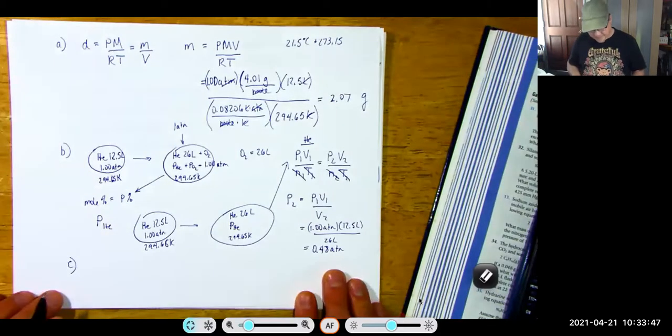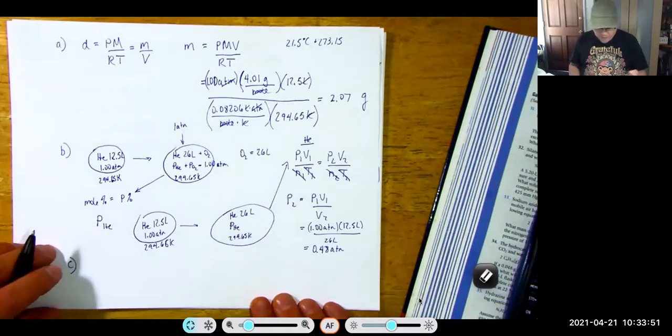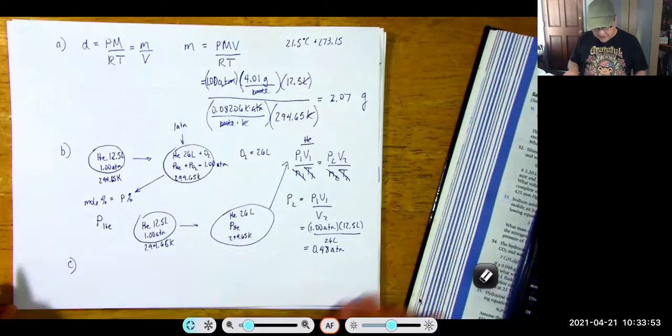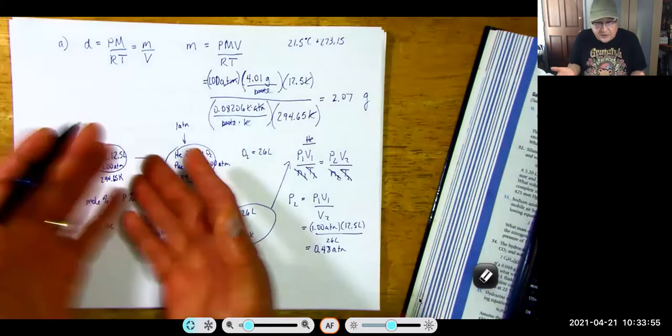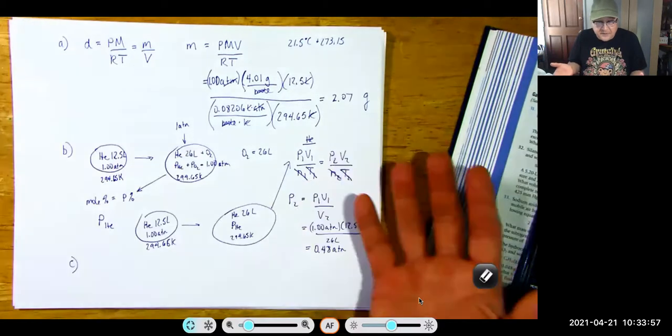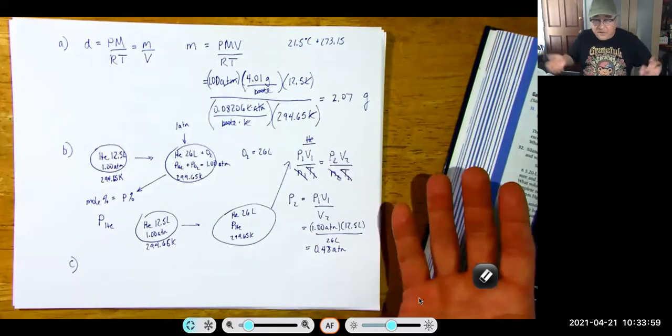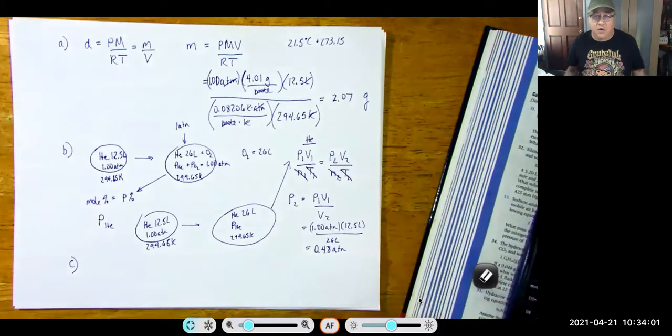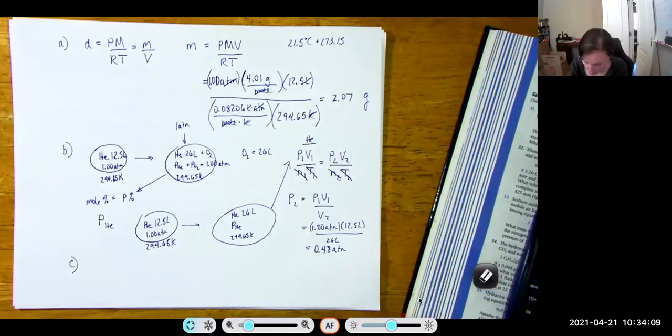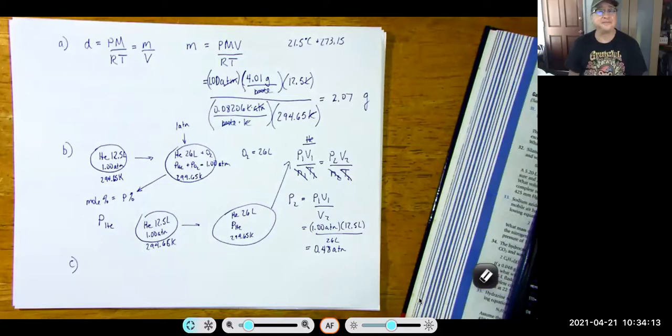Now for C, they want the partial pressure of oxygen. How are we going to do that? We don't have an initial oxygen, so we can't do a P1V1 over N1 because we don't know the original amount of oxygen. We could figure it out, but let's do something simpler.